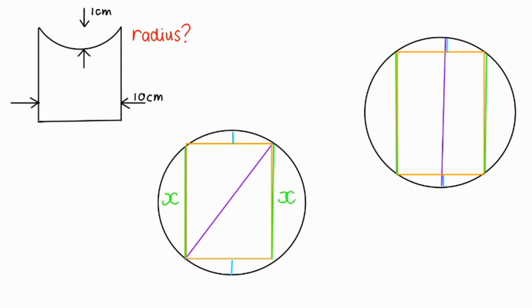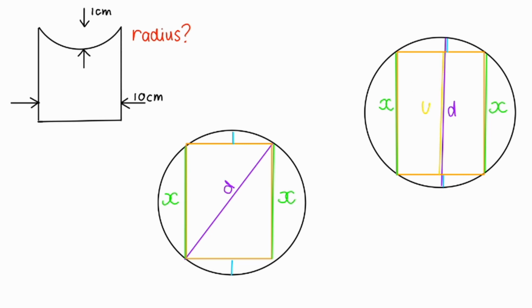If this was a square, it would have been a lot easier to calculate, but we can't assume that. So since it's a rectangle, we know that these two sides are an equal length. This part and this part would look the exact same, as well as here and here, when you take the rectangle into account. The other variable that I also took into account was this distance from here until here.